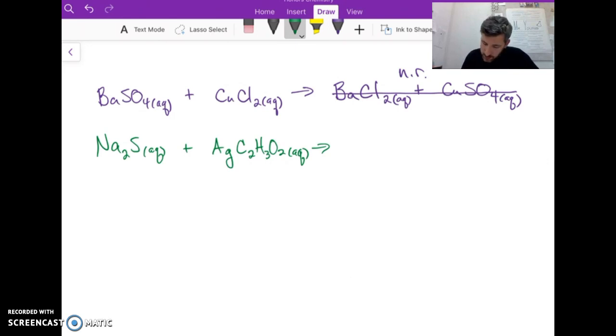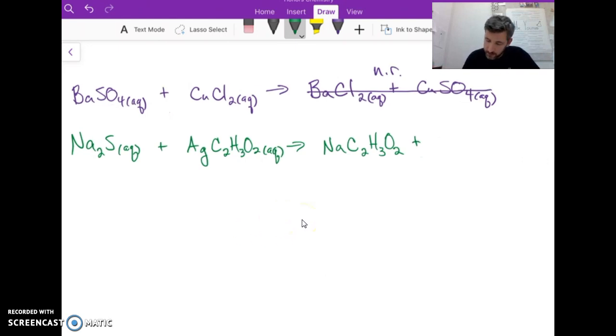Okay, so sodium would now be paired up with acetate. If I look at my other product, I'm going to get silver paired up with sulfide, which would be Ag2S, because silver is +1 and sulfide is -2.